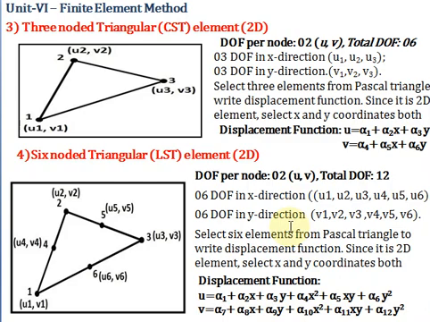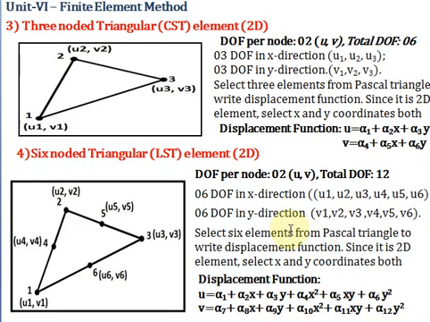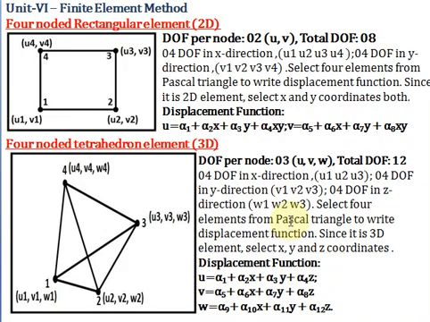So these were the displacement functions for the 3 noded and 6 noded triangular elements. Now we'll see the 4 noded rectangular element. It is also two dimensional. The number of nodes is 4, so 4 into 2, 8, total degrees of freedom will be 8.